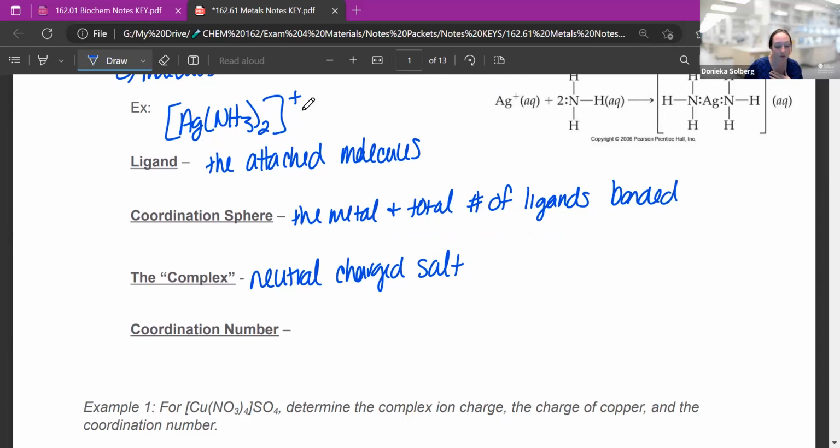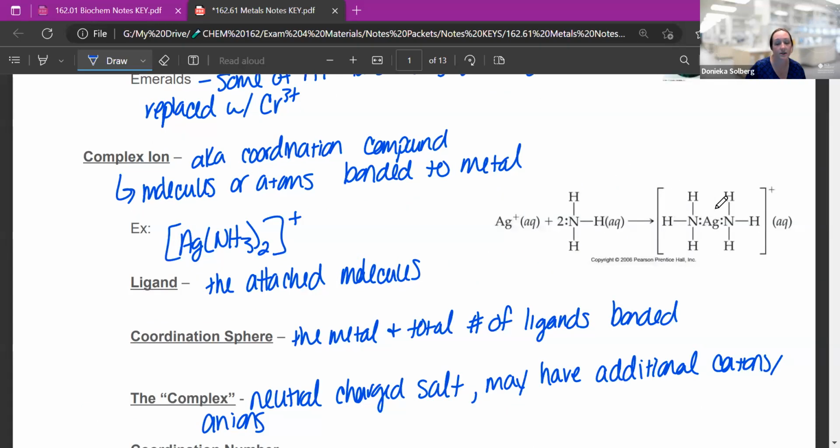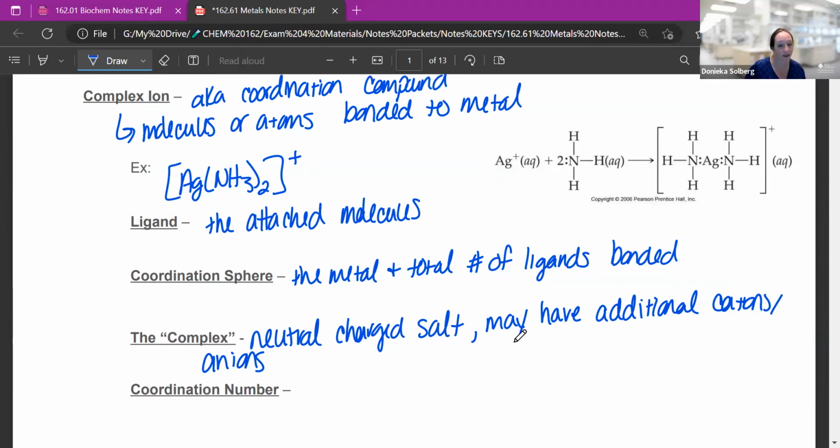Like if it was this, it could have a chloride ion; it just has to be balanced out. The neutral charge salt means it may have additional cations or anions that are not covalently bonded. This complex has a bunch of covalent bonds, but since it's positive, there's probably a chloride ion out here to balance it out. You have additional cations or anions not covalently bonded.